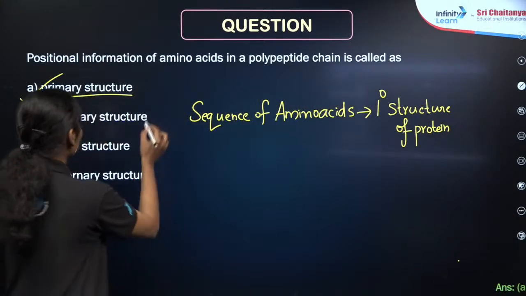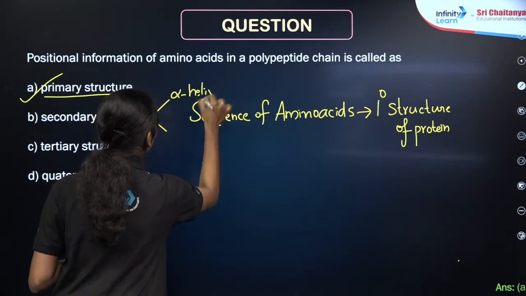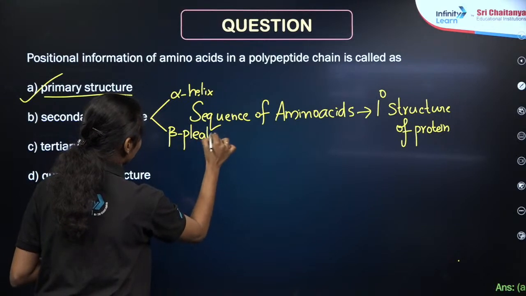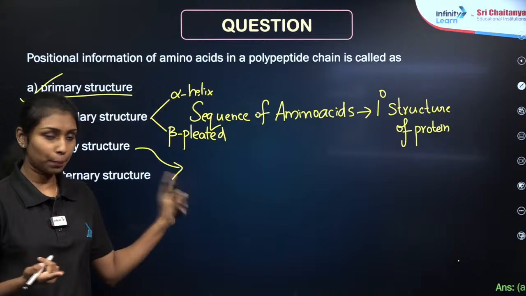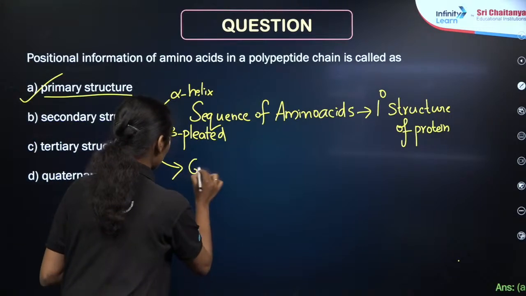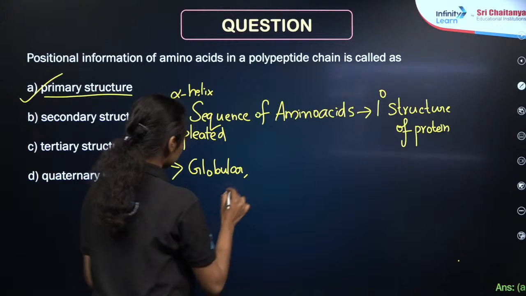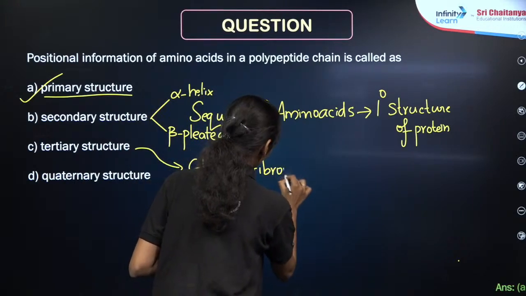Then while discussing the secondary structure, you must have an idea about the alpha helical structure, then the beta pleated structure, right? Then what about the tertiary structure? In tertiary structure, it gives the shape of the proteins, so it will be two types, globular and fibrous protein. Just recall the difference between globular and fibrous protein along with their examples.